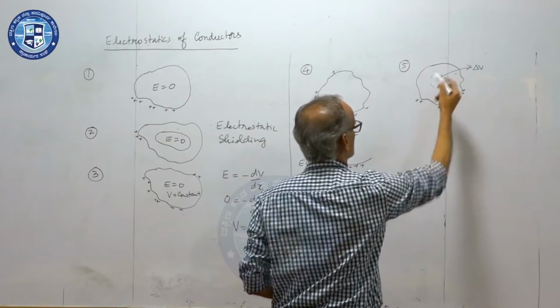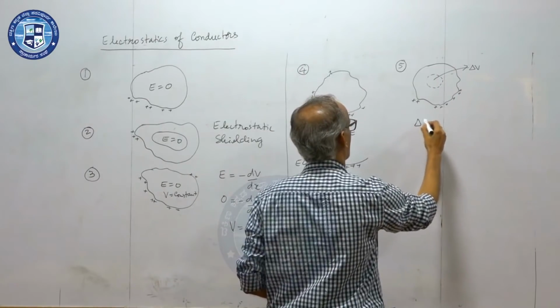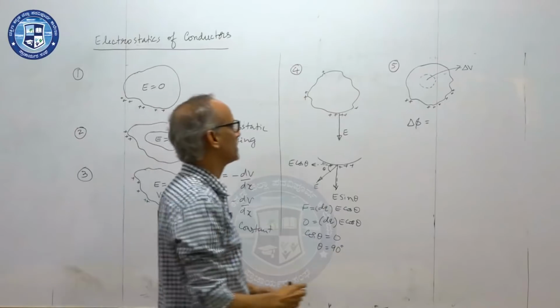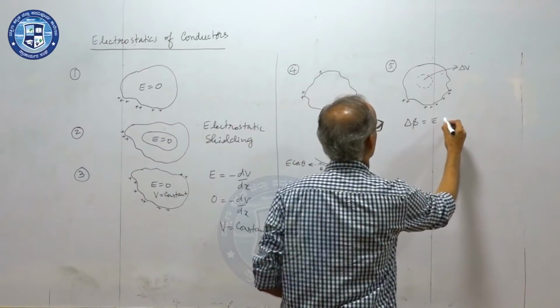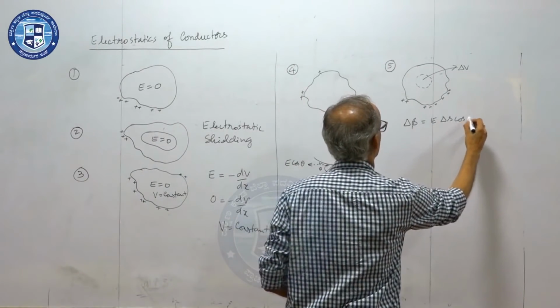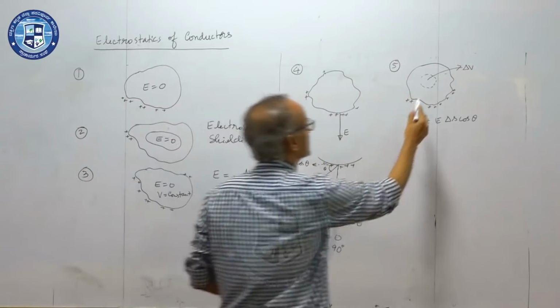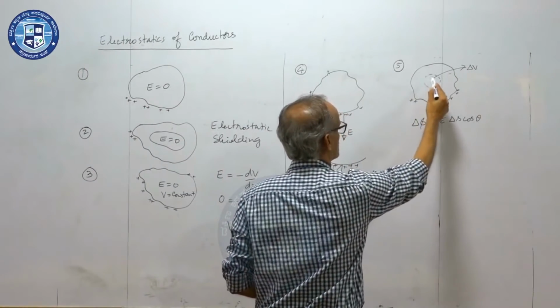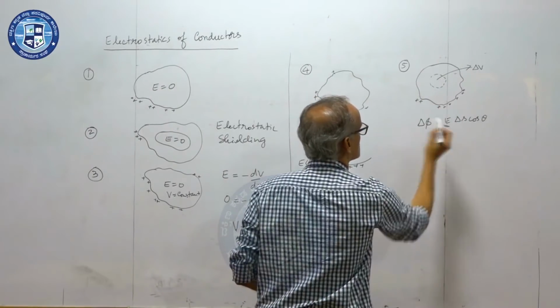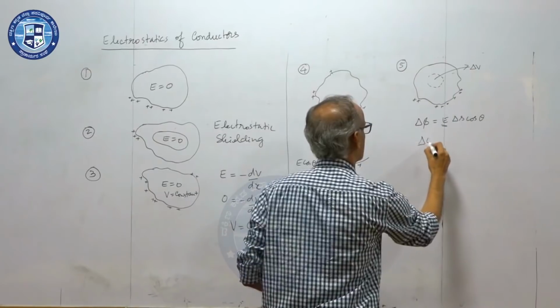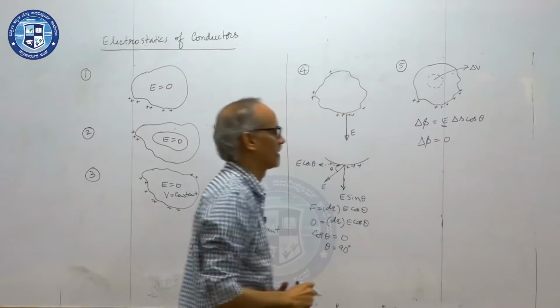Electric field is always 0, and we know that the electric flux is given by E delta S cos theta. When electric field in that volume element is 0, this E has to be 0. When E is 0, delta phi is also 0.